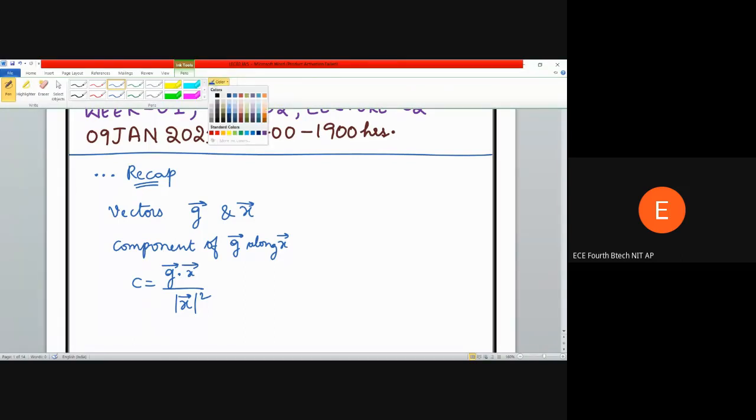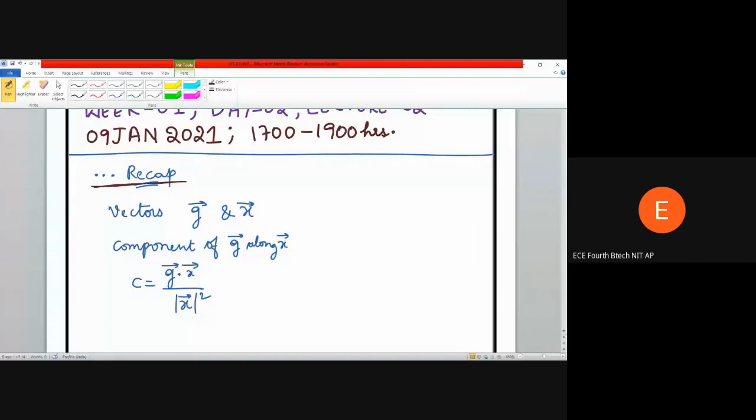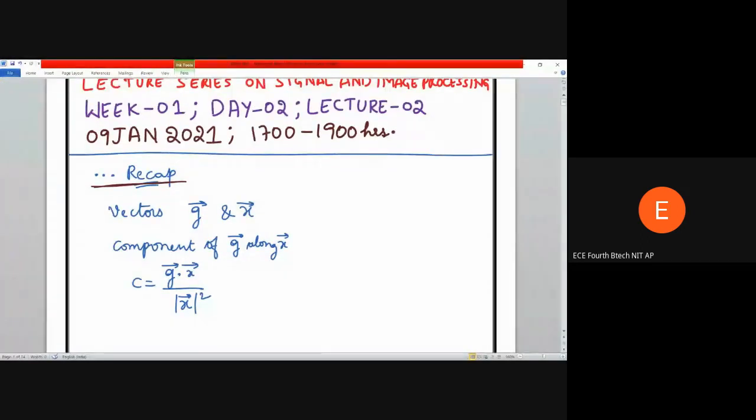And a similar thing we also derived for the signals. We have taken the analogy of the vectors towards the signals, and we defined two signals, g of t and x of t, and we would like to find out the component of g of t along x of t.